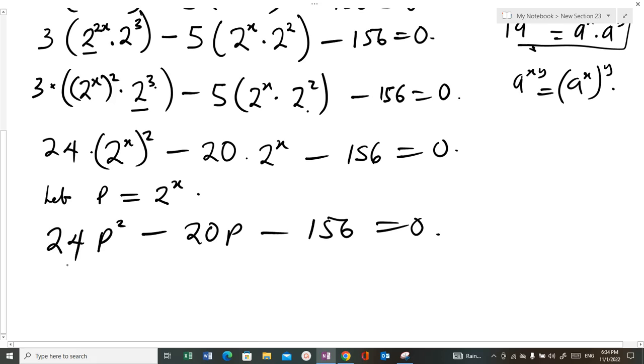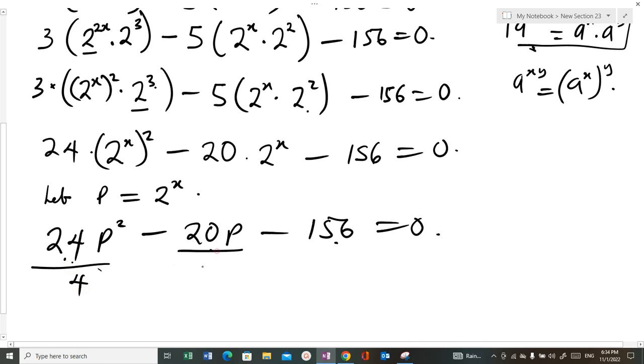Now, we can factorize this further. 4 can divide this, 4 can divide this, 4 can divide this. Let me just do it like this.